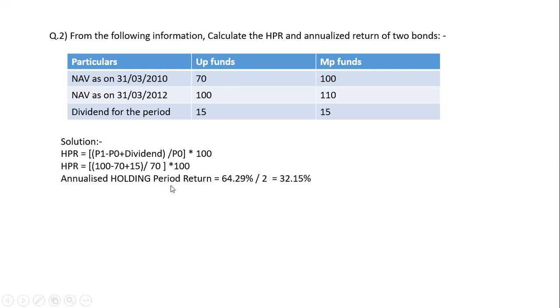You got a holding period return of 64.29. You will divide by 2. You will get 32.15. Note down.